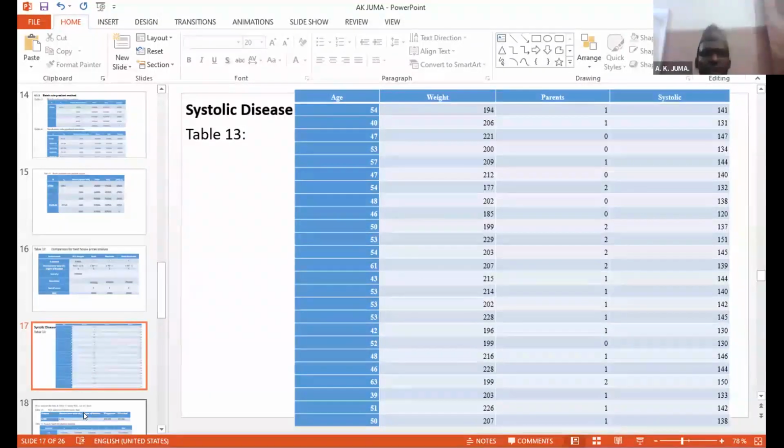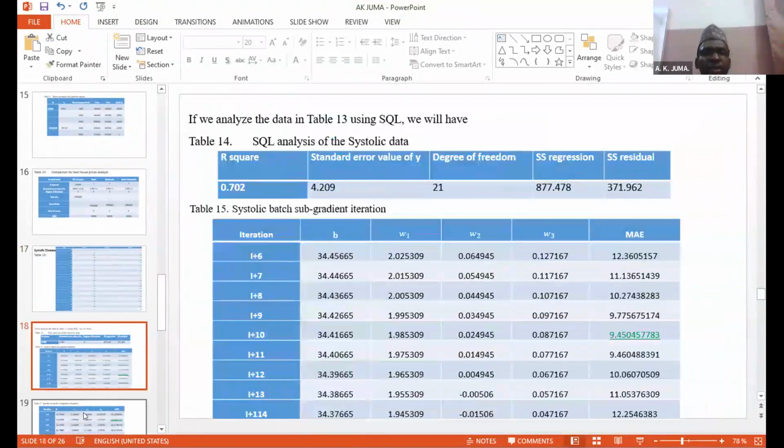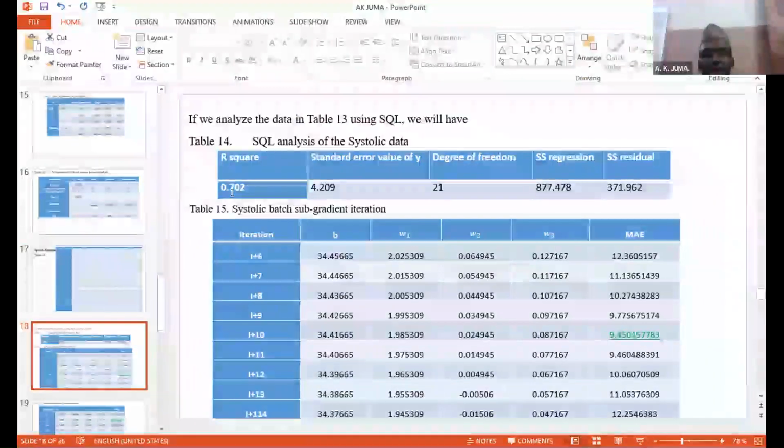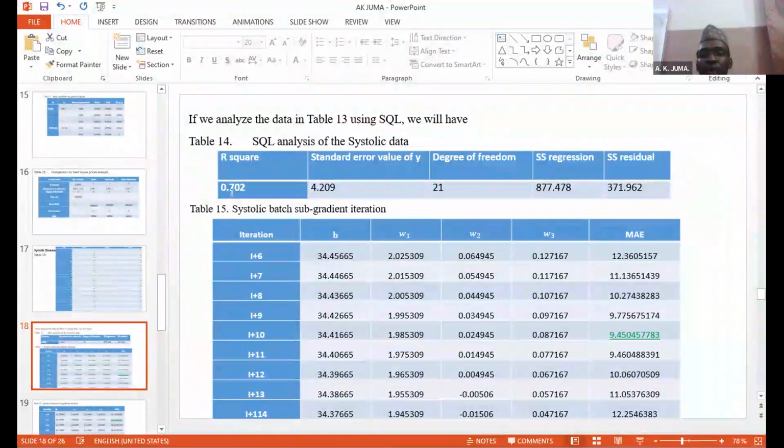So we say, let's analyze it using SQL. You see under R square, you have 0.70, telling us that there is about 30% inaccuracy in the observation, or noise. So we said, using batch subgradient iteration, here we take iteration I plus 6, see the B, the W1, W2, W3, and the MAE.